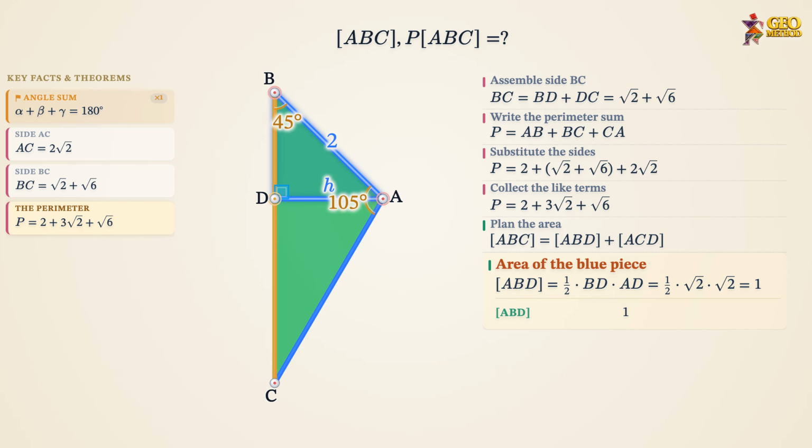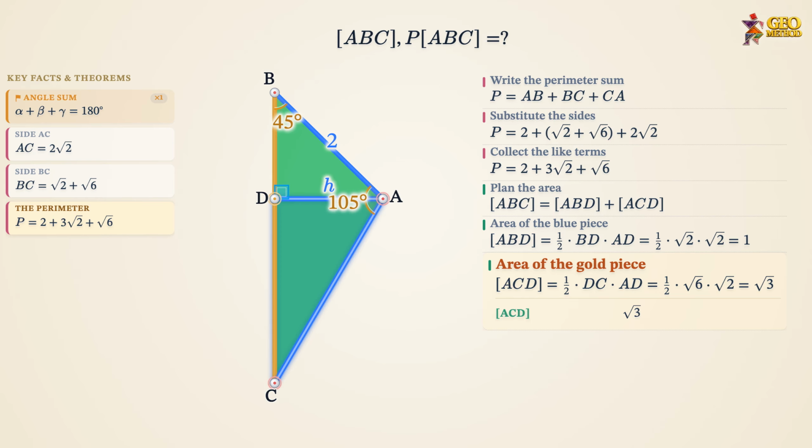Half of root 2 times root 2 is half of 2, which is exactly 1. The gold triangle ACD has base segment DC equal to root 6 and the same height root 2. Half of root 6 times root 2 is half of root 12, and root 12 is 2 root 3. So this area is root 3.